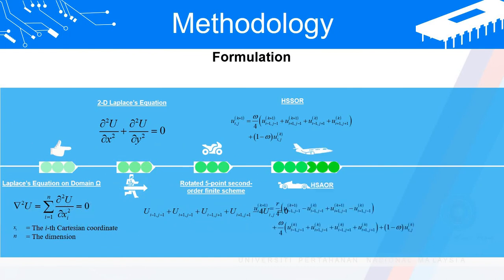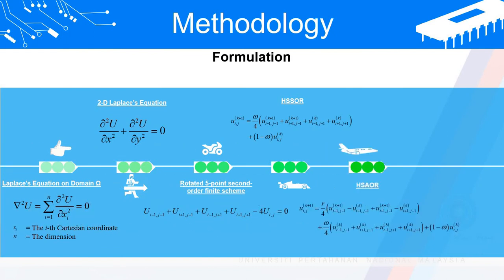From here, to improve the results, we apply the AOR method that has 2 different parameters, R and omega. The AOR method is basically the generalization of the SOR method. And finally, to boost up the results, we generate the TOR method, which has 3 parameters, R, R prime, and omega. By using all of this formulation, we will execute the pathfinding in the 2D robot simulator.